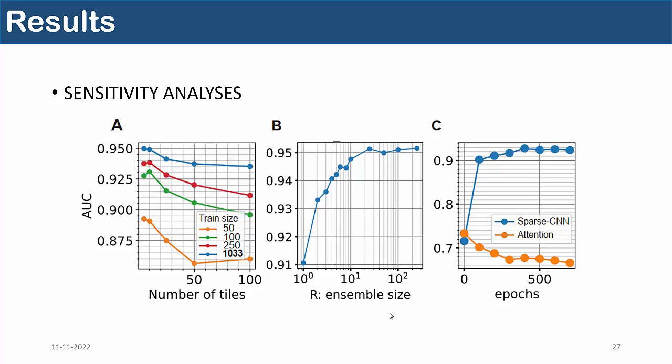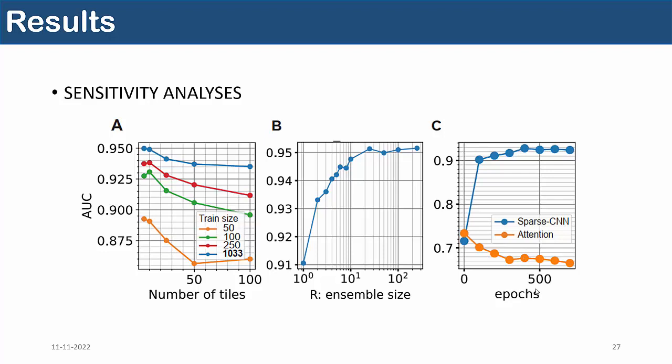It was calculated how many views of a particular slide can be created with different tile selections in order to have a good embedding in the end, and it was found that it optimizes at around 50. So if 50 views are generated from a particular slide, picking random tiles, then the output comes out really nice. And then the third one is the epochs.